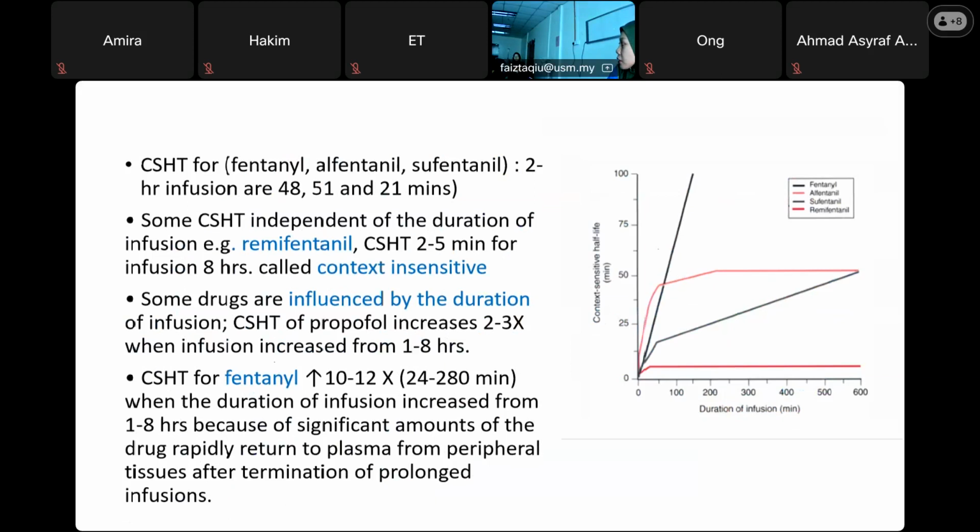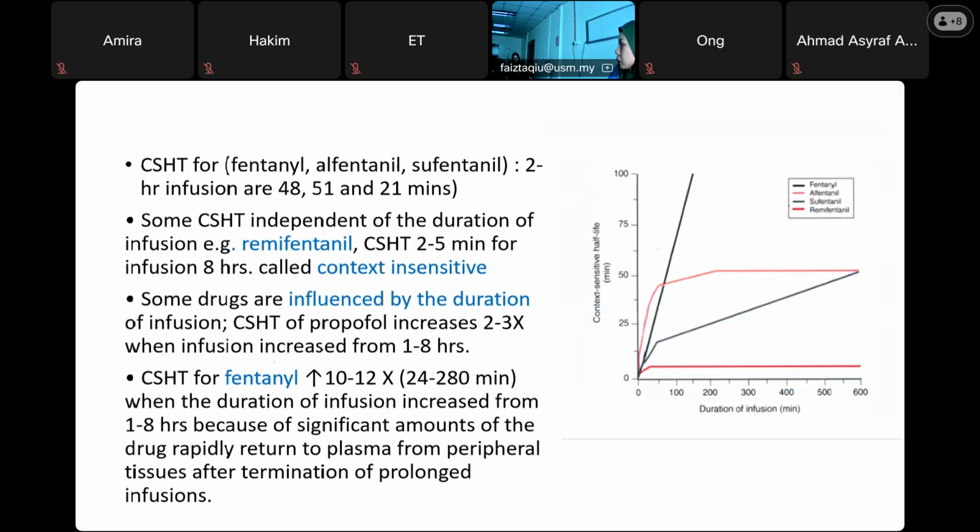We are talking about clearance from the plasma, about how the drug gets cleared by metabolism from the plasma. Metabolism. From the body it is elimination.